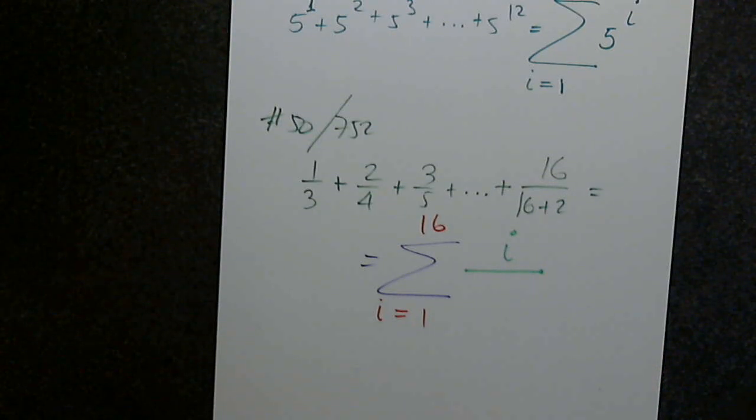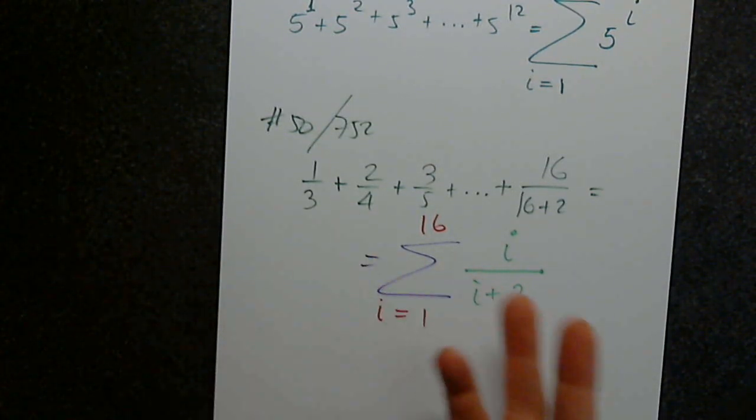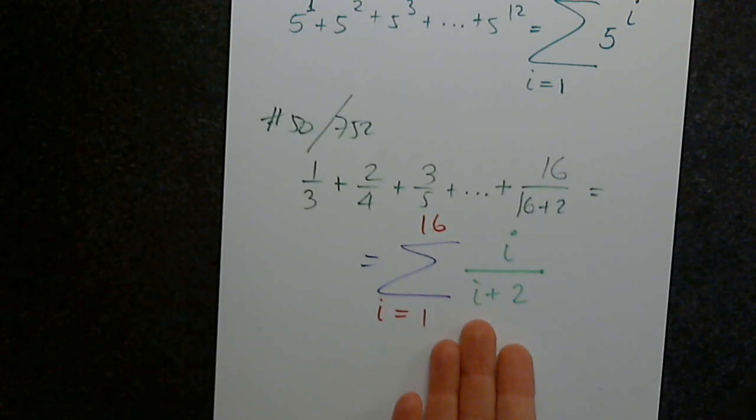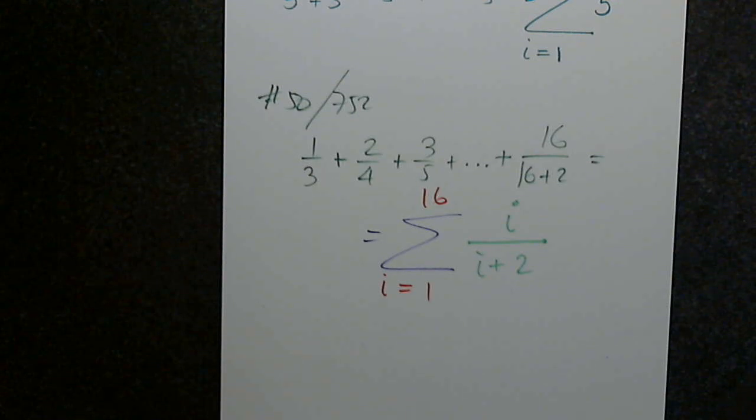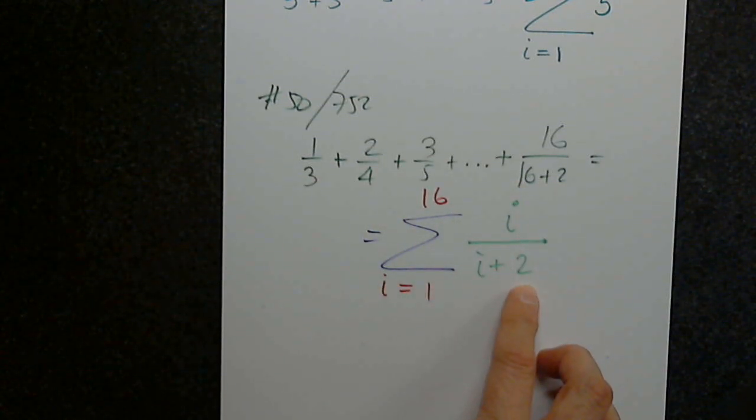Now let's identify the bottom. We put it together. I plus 2, indeed. When I is 1, I get 3. When I is 2, I get 4. When I is 3, I get 5. When I is 16, I get 16 plus 2. Any questions? How do we get the bottom? I plus 2.